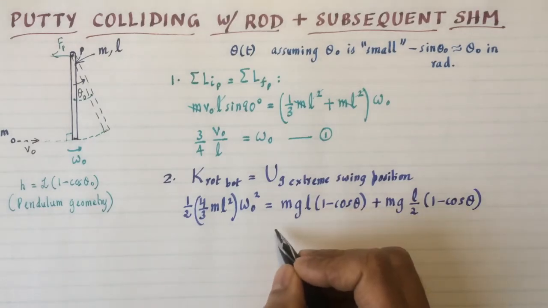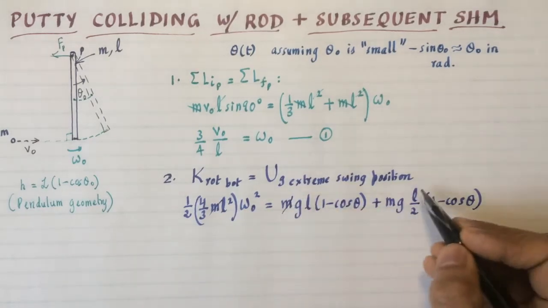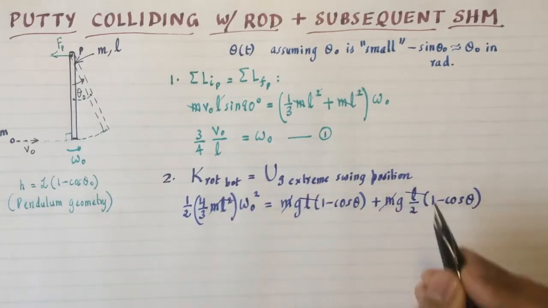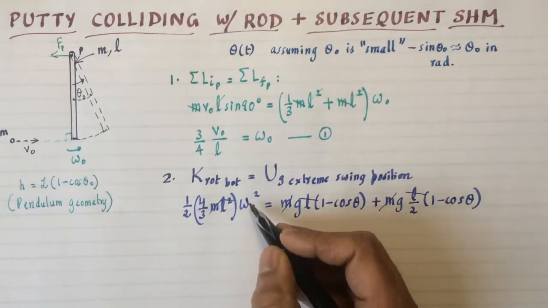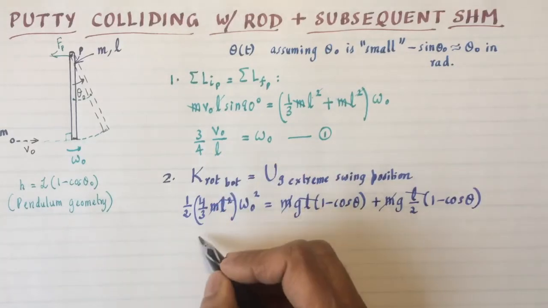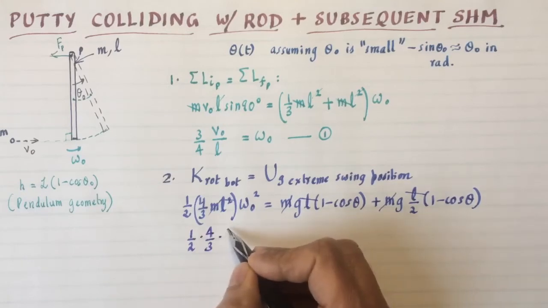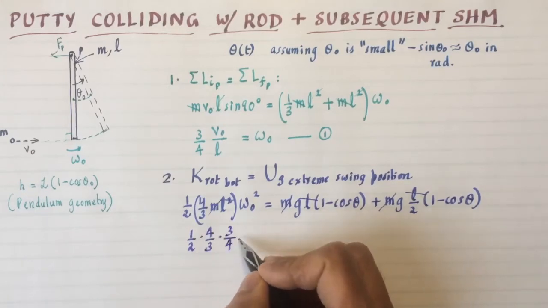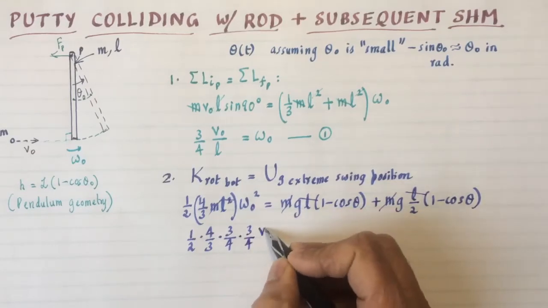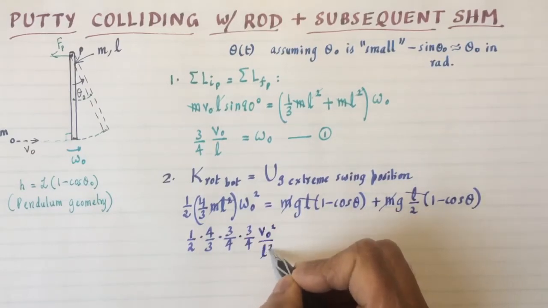So let's make a couple simplifications. There's an m and an L that cancel out. So omega naught, however, is that. So let me just waste no time and substitute it. So I get 1/2 times 4/3 times 3/4 squared, which I'll write as 3/4 times 3/4 v naught squared over L squared.